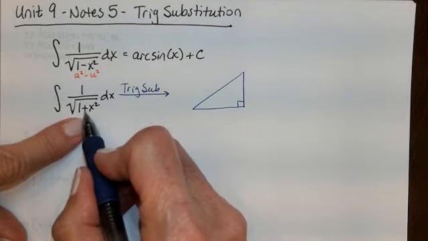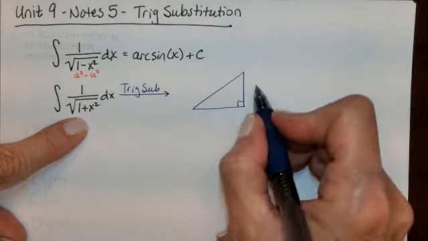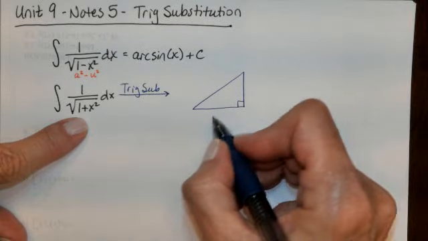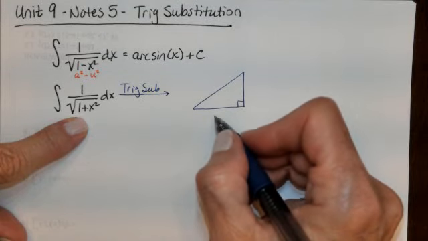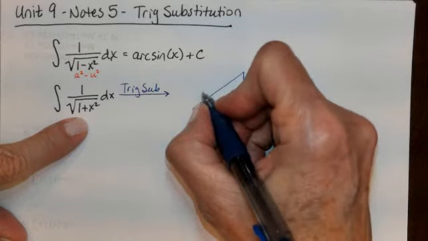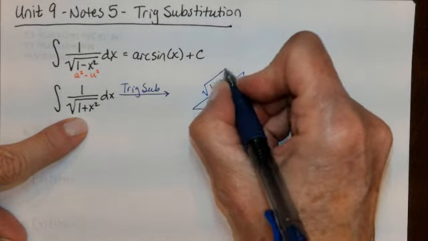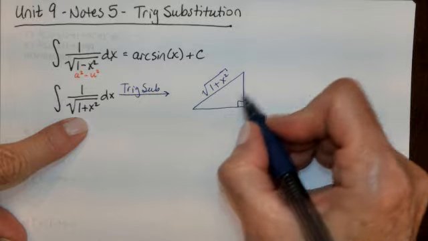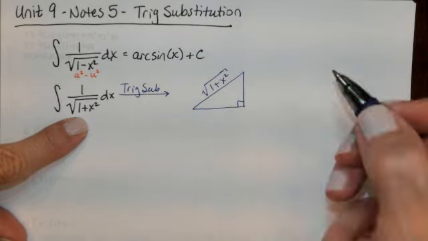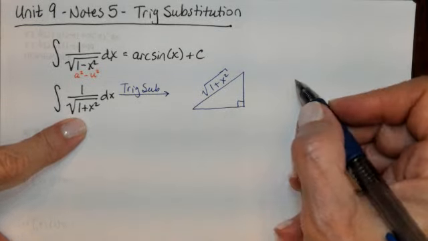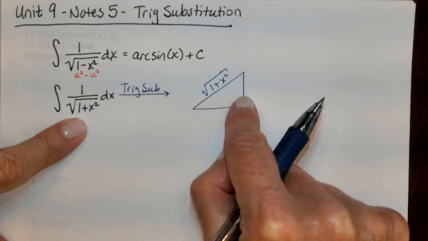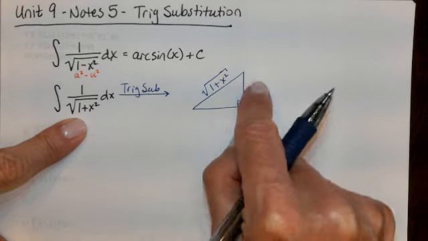If there was a minus inside, then I would put it on one of my legs, and it really doesn't matter which leg you choose. But since it's a plus, I'm going to put it right here. Now, what does that mean our legs have to be to satisfy the Pythagorean theorem? One of the legs has to be a 1, and one of the legs has to be an x.